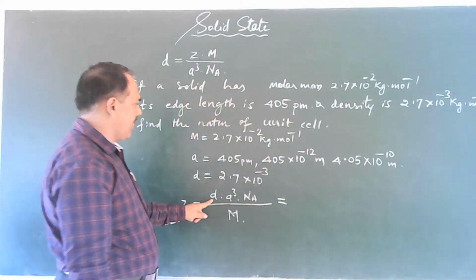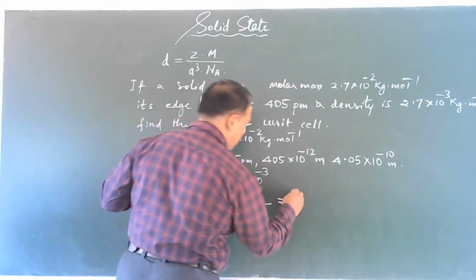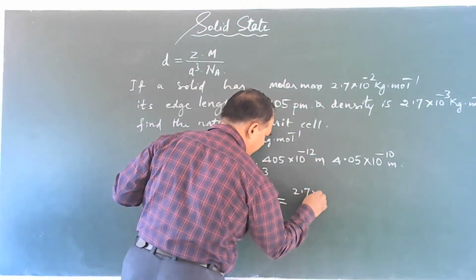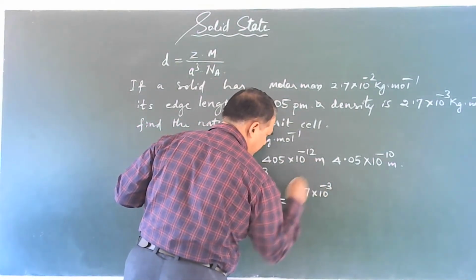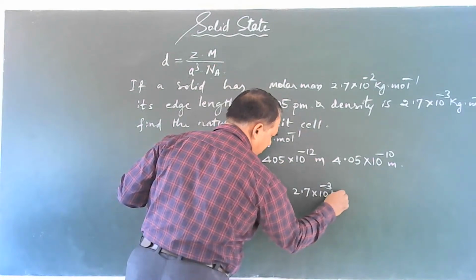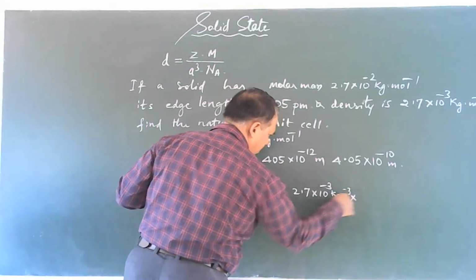The density is given, which is 2.7 × 10^3 kg per meter cube.